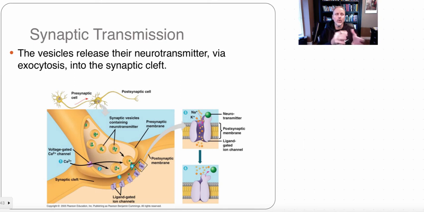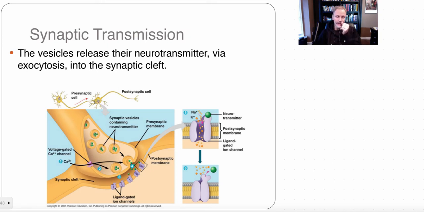We talked about the whole process of transcription and translation that leads to the production of the protein. That protein is going to be made on the rough ER, and it's going to migrate to the Golgi apparatus. It's going to form vesicles, and then there are motor proteins that are going to move these vesicles along the axons within the neuron, and then eventually those vesicles are going to fuse with the membrane. When they fuse with the membrane, they dump their neurotransmitter into the cleft.